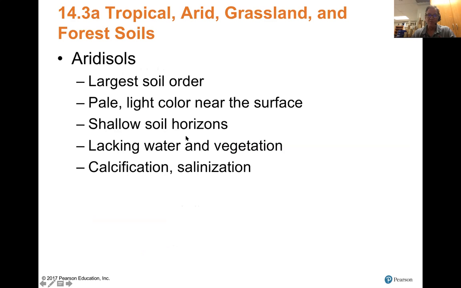Aridisols, it's the largest soil order, and that's going to be a question on your test, I'm almost sure. Pale or light color near the surface, very shallow soil horizons, and they're Aridisols because they lack water and vegetation, and you see higher levels of calcification and salinization.